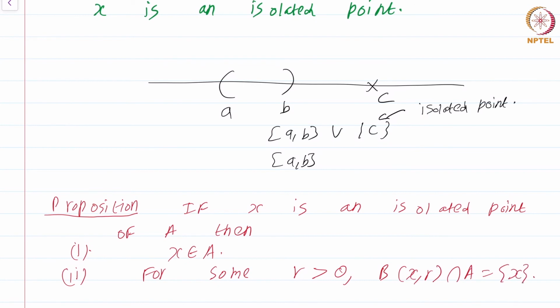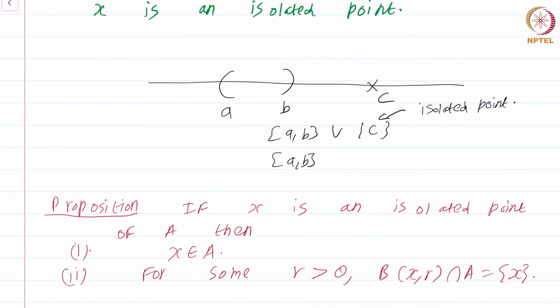The converse of the previous proposition said that if a point is going to be a limit point, that means that every intersection B(x, r) intersect A must contain some element apart from x.